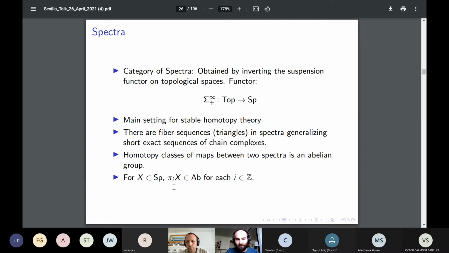If you have a spectrum, then we have a homotopy group defined for each integer i. So compared to topological spaces, you also have these negative homotopy groups. And each of these homotopy groups is an abelian group. Compared to topological spaces where pi 0, pi 1 don't have to be abelian groups, but in spectra things are a little bit nicer.